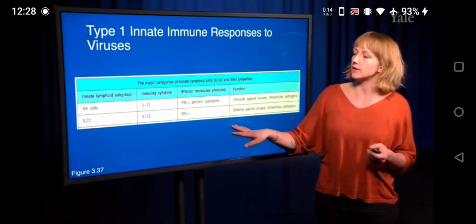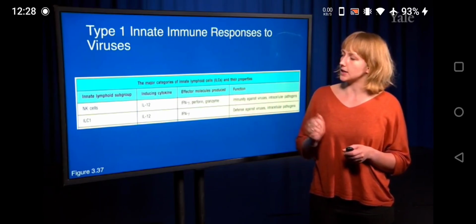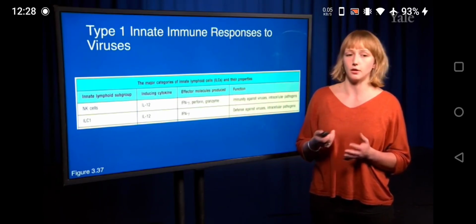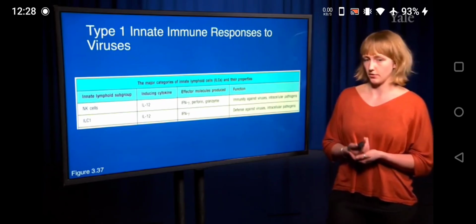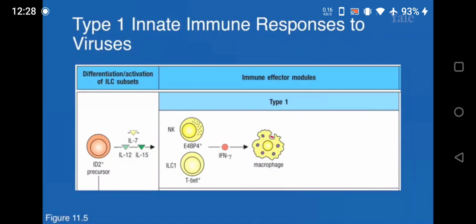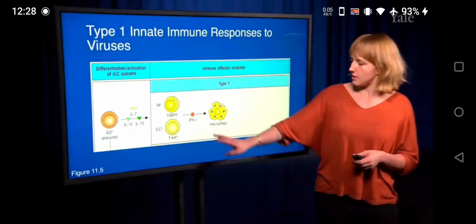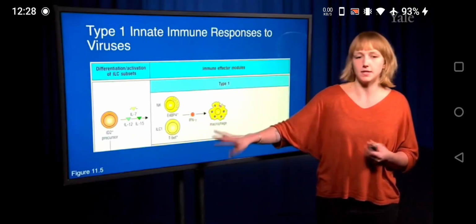They both produce interferon gamma, and NK cells also produce other molecules that we will go into further in a bit. This is another schematic showing that our type 1 ILCs, ILC1s, and our NK cells are generated predominantly by IL-12, IL-7, and IL-15, and they both produce large amounts of interferon gamma.